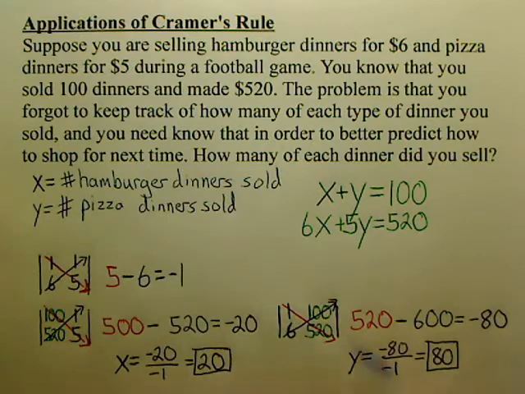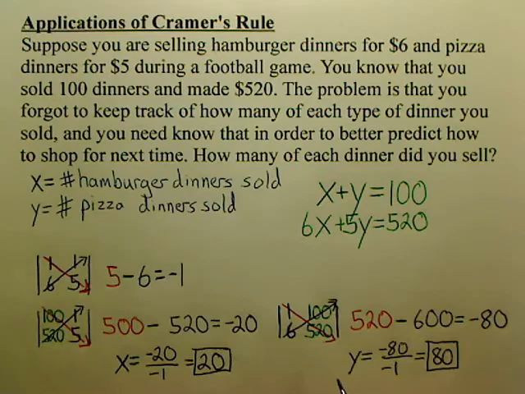You take that, divide by that, and you've got your y value, your pizza dinners sold. So Cramer's rule can work for either. For this type of equation, Cramer's rule is very useful. You could solve either one, or you could solve the whole thing with it. It's a useful little strategy for solving systems of equations. Good luck with it.